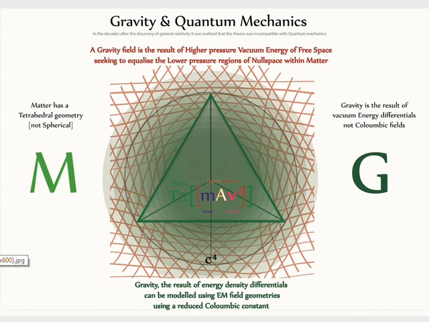Again, just stressing that matter creates gravity, and it creates it because it has a null space inside each Tetryonic geometry, and in turn the vacuum energy external to the matter geometry seeks to equalize that zero energy density, and it does so by pushing in on that geometry all the time in a convergent manner.